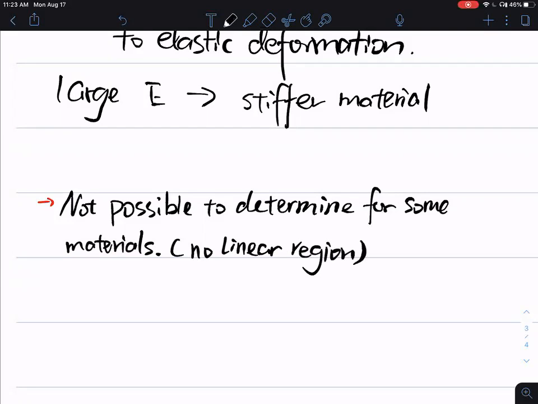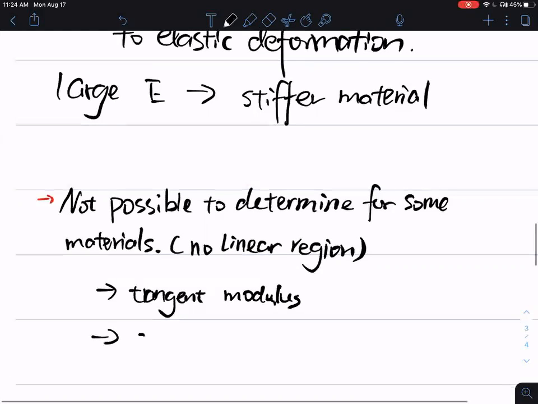And there are two methods we can use to determine Young's modulus. One is called tangent modulus. Another one is called secant modulus.